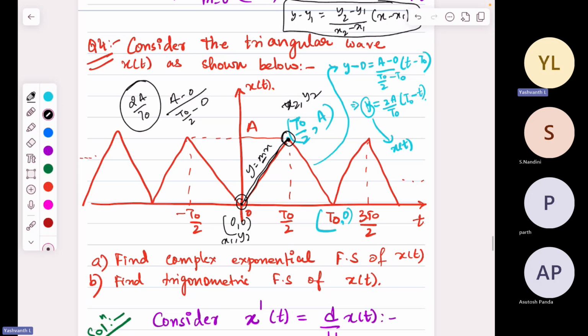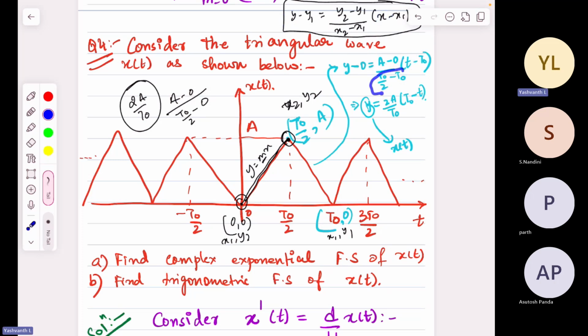For this, I consider that t0 comma 0 is x1 comma y1, and t0 by 2 comma a is x2 comma y2. Therefore, y minus y1, or y minus 0, equals y2 minus y1, a minus 0, divided by x2 minus x1, t0 by 2 minus t0, into x minus x1, which is t minus t0. Here x plays the role of t and y plays the role of x of t. Remember that. Now just simplify this.